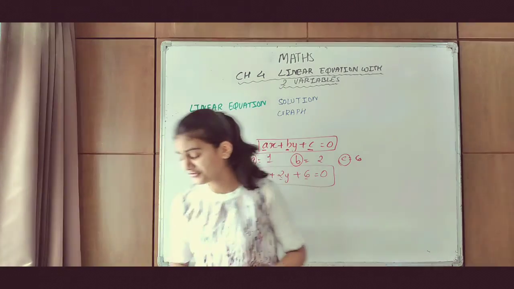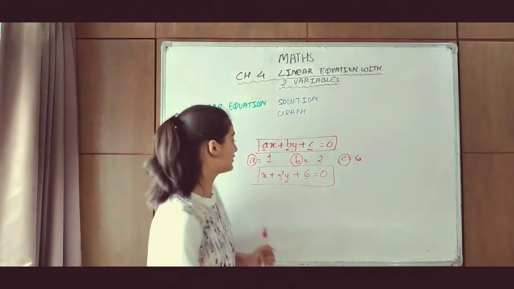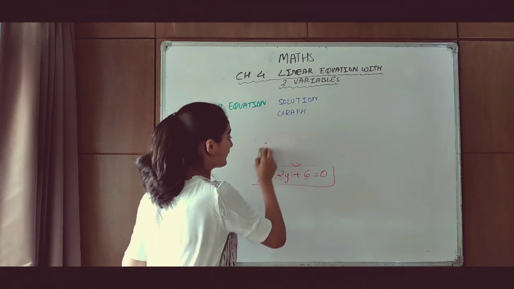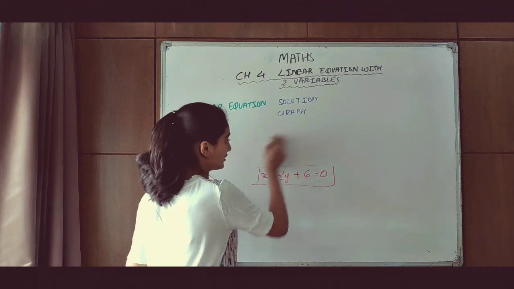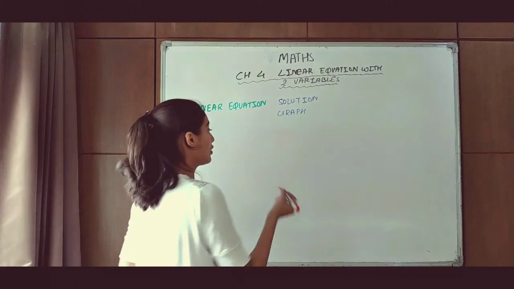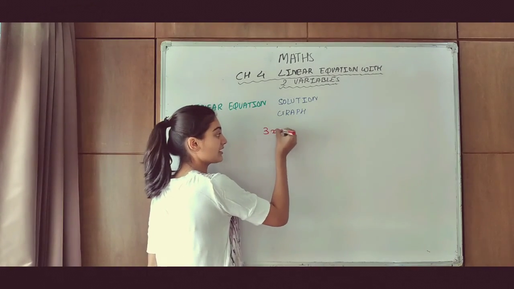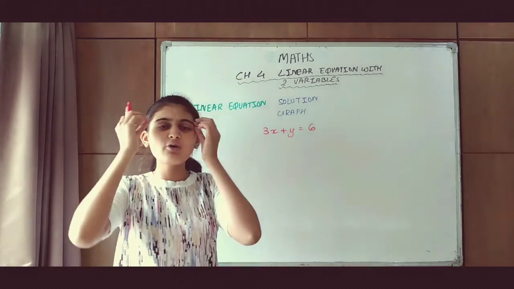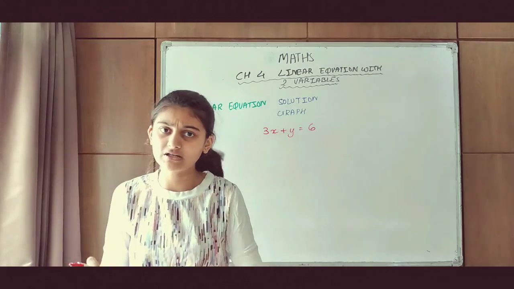Now how can we find the solutions of a linear equation? So let's say we have the equation 3x plus y is equal to 6. Now we have to assume some numbers.